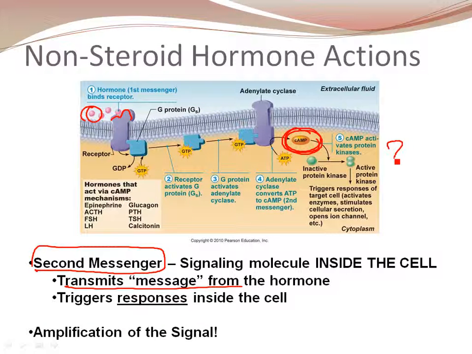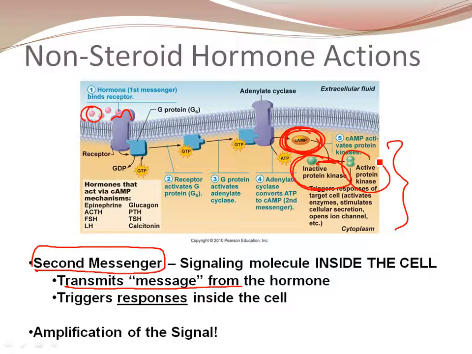And what they're showing you here on the diagram is when cyclic AMP is produced, it now triggers inactive enzymes, called kinases, that are floating around in the cytoplasm of your cells in an inactive state, kind of like those blood clotting factors that float around in your bloodstream in an inactive state. They now become activated. They become active enzymes.